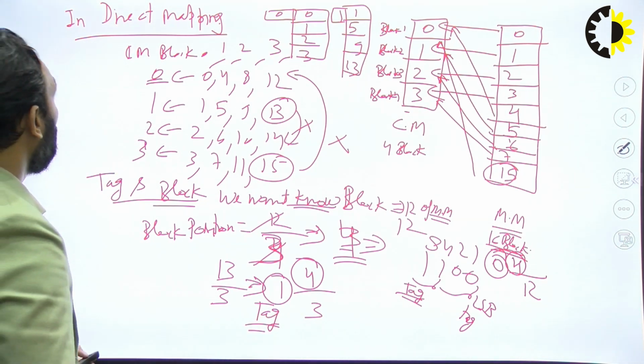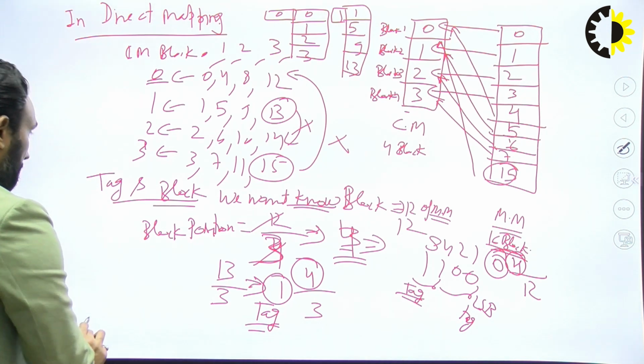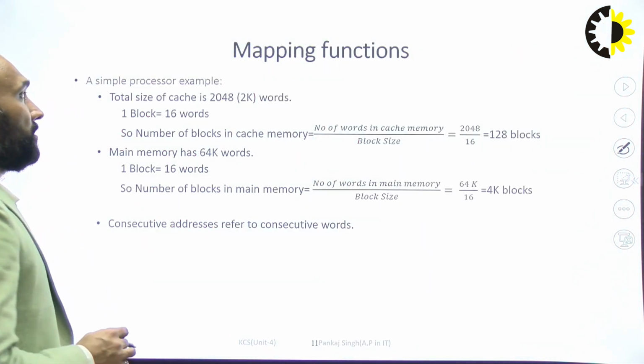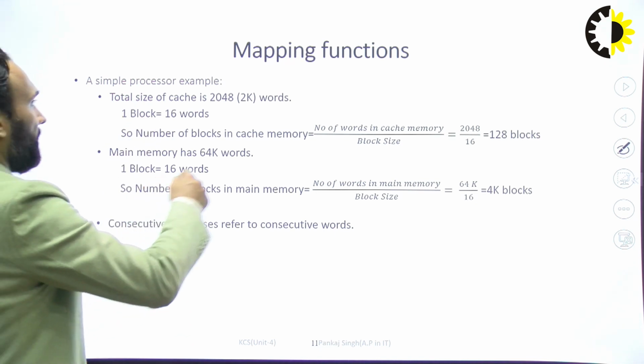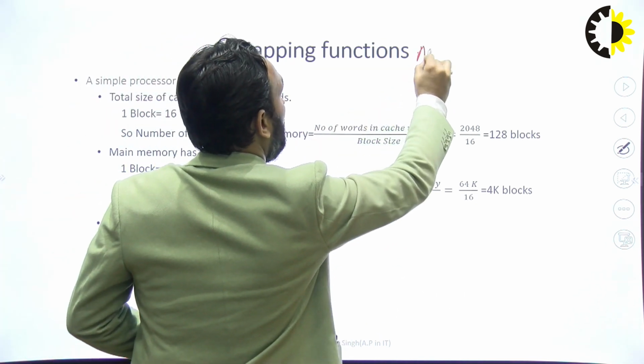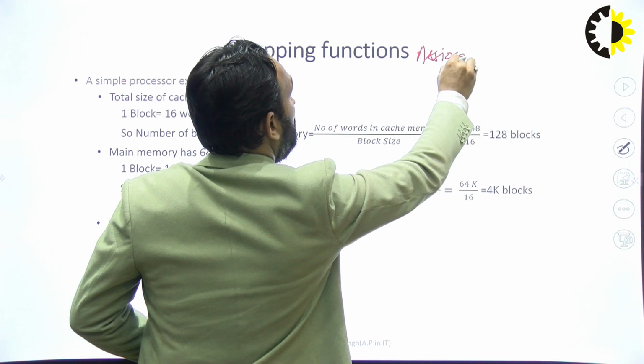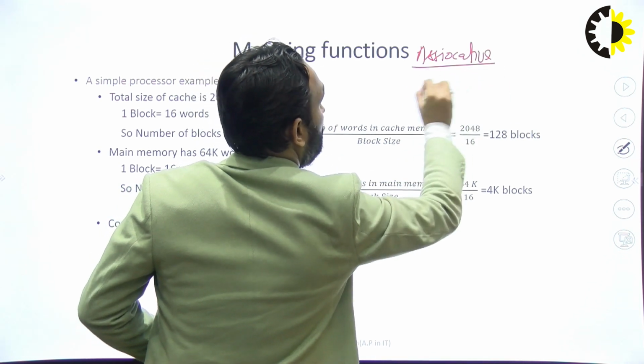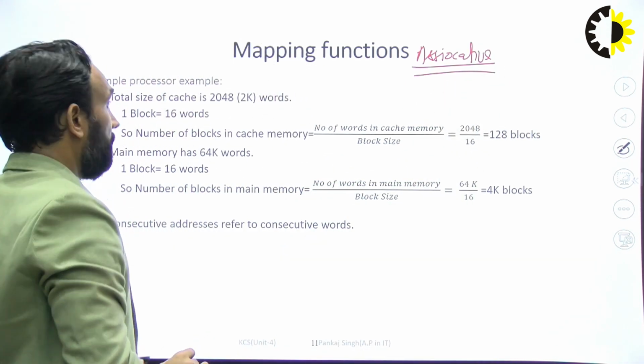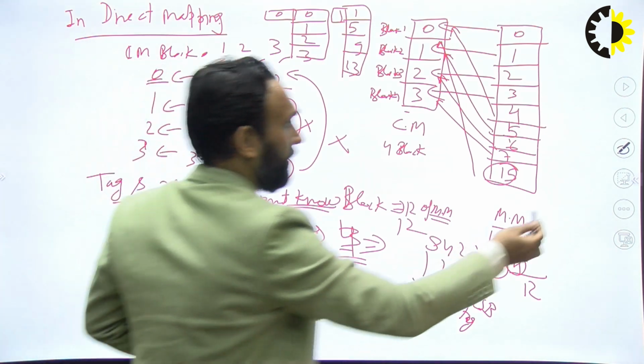After that we will go to set associative. In associative mapping, we will erase it here.